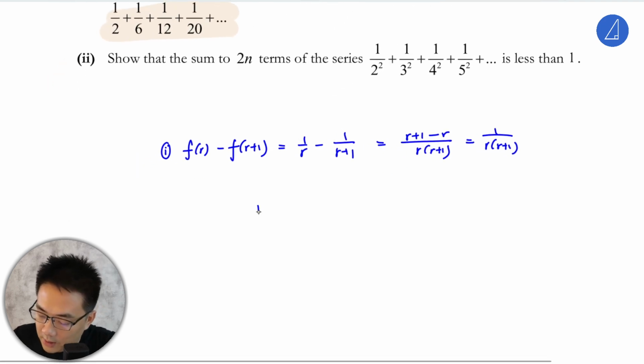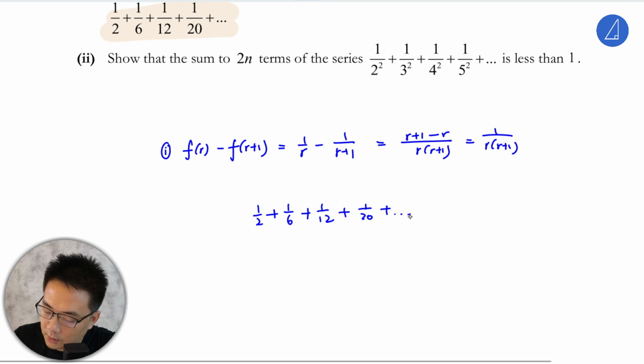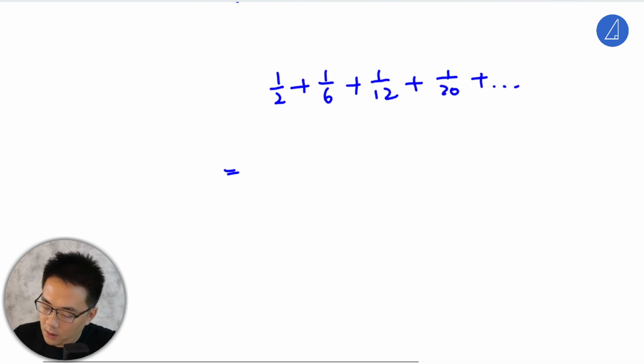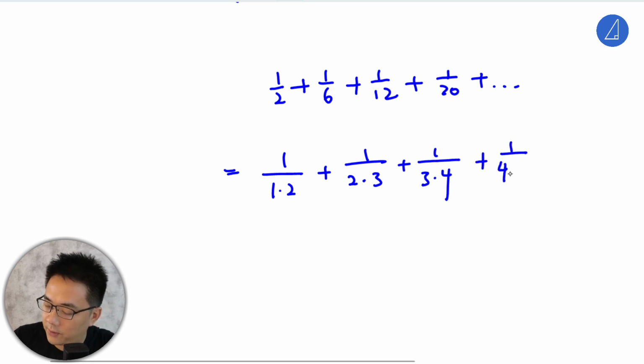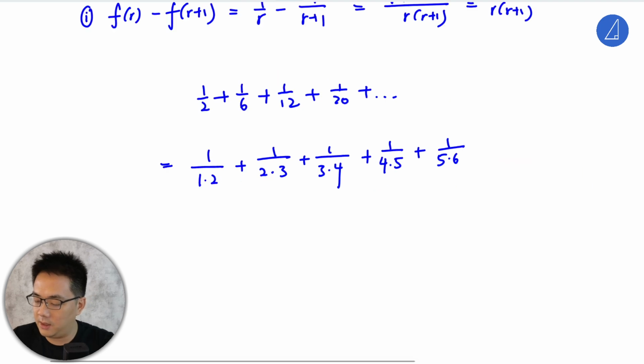You try and understand: a half plus 1 over 6 plus 1 over 12 plus 1 over 20 plus dot dot is actually 1 times 2, plus 2 times 3, plus 3 times 4, plus 4 times 5, plus 5 times 6, and so on.